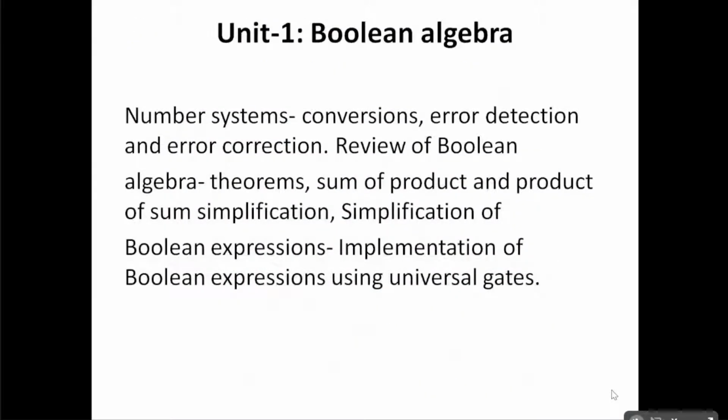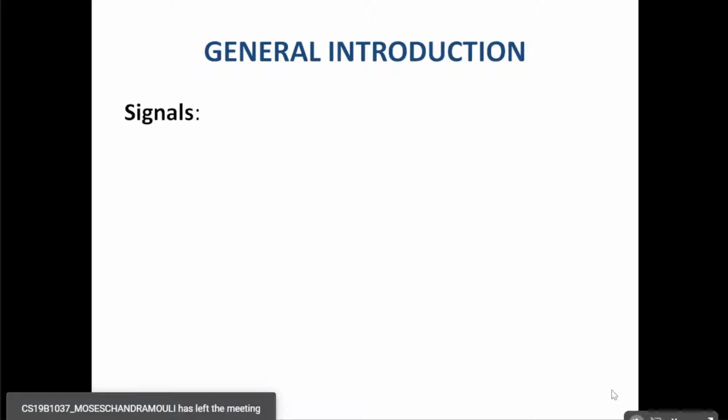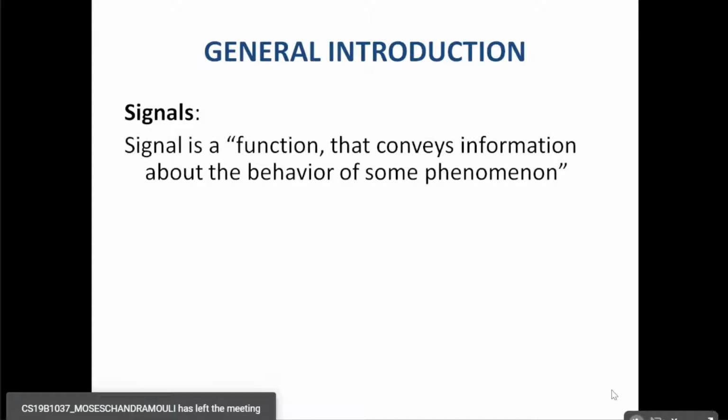So this is the syllabus for unit 1. General introduction. Signals. So signal is a function that conveys some information. In other ways, we can say that it is a function of time.